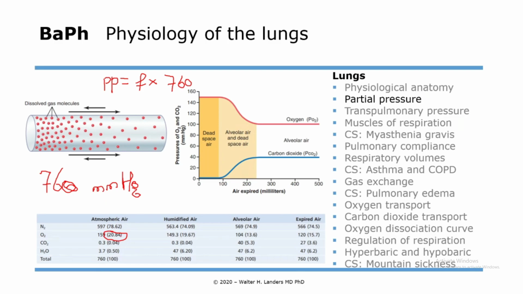So if the atmosphere contains about 21% oxygen, it means that 21% of this is pressure that oxygen is delivering. So the partial pressure of oxygen is about 160 millimeters mercury.